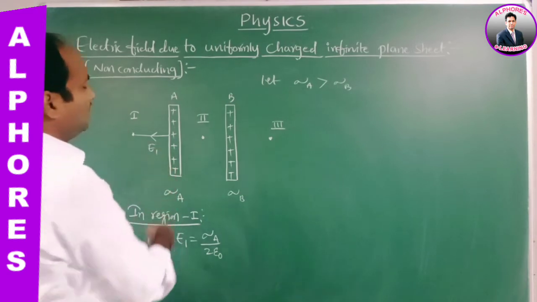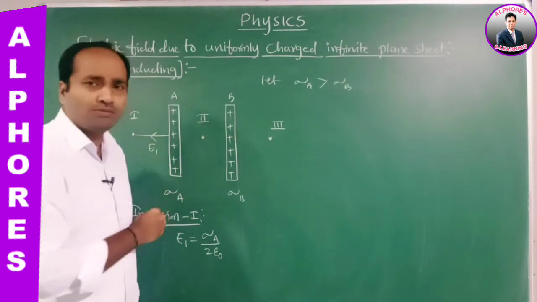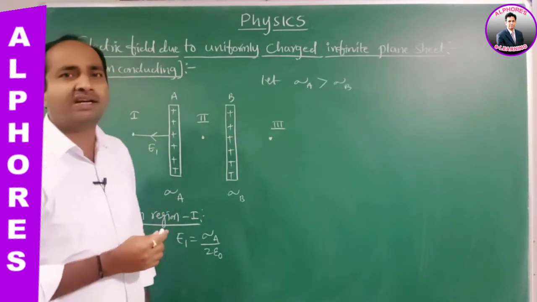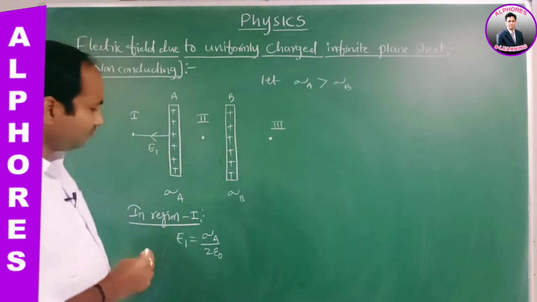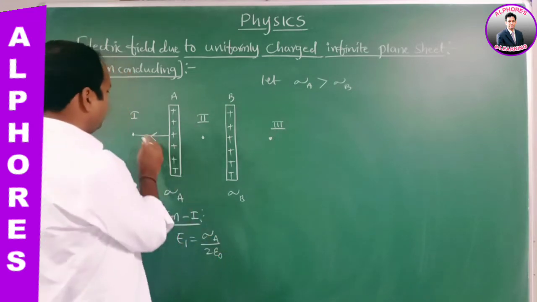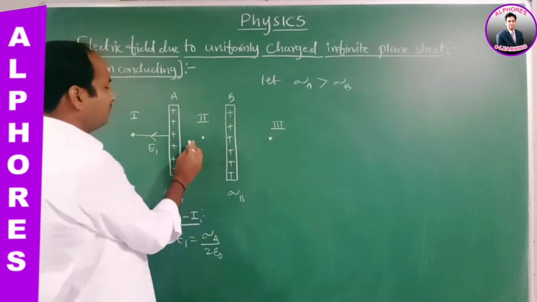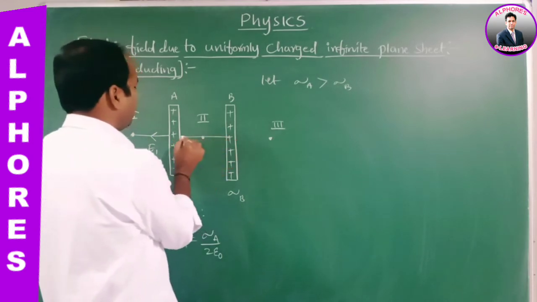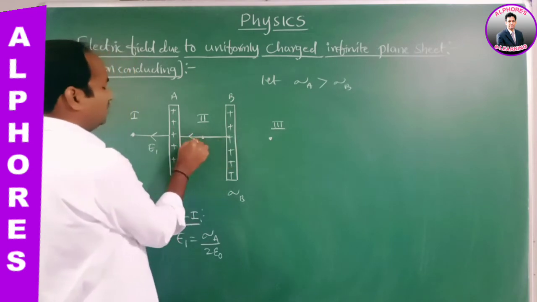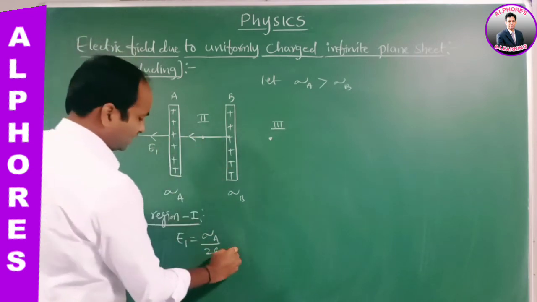Sigma is positive because the charge is positive, so the direction of E is radially outwards. Coming to the electric field intensity in region 1 due to the second plate B, it is also radially outwards, meaning both are in the same direction. What is E2?